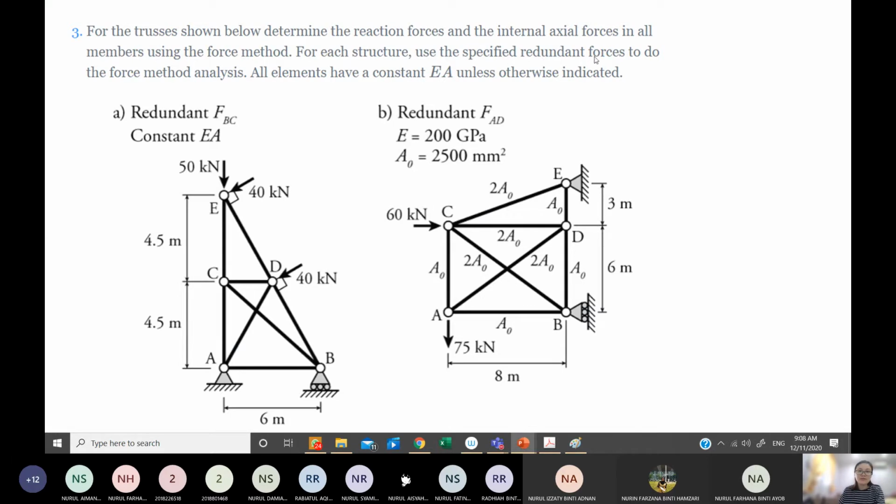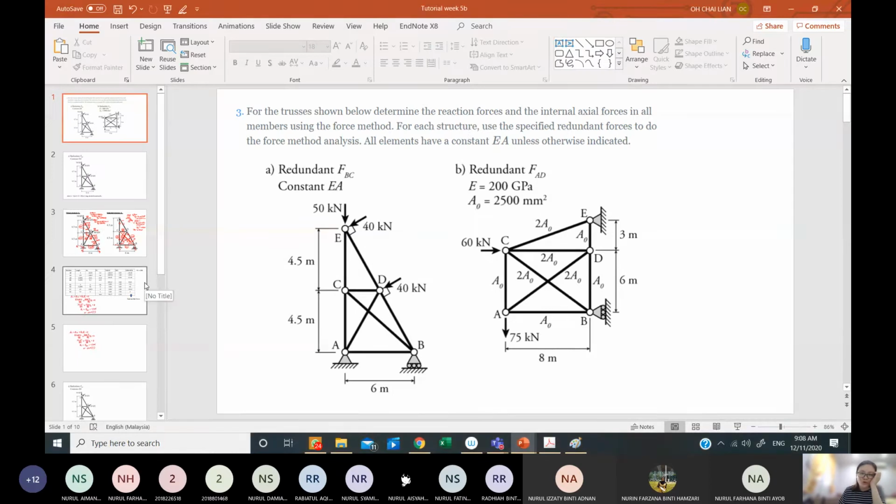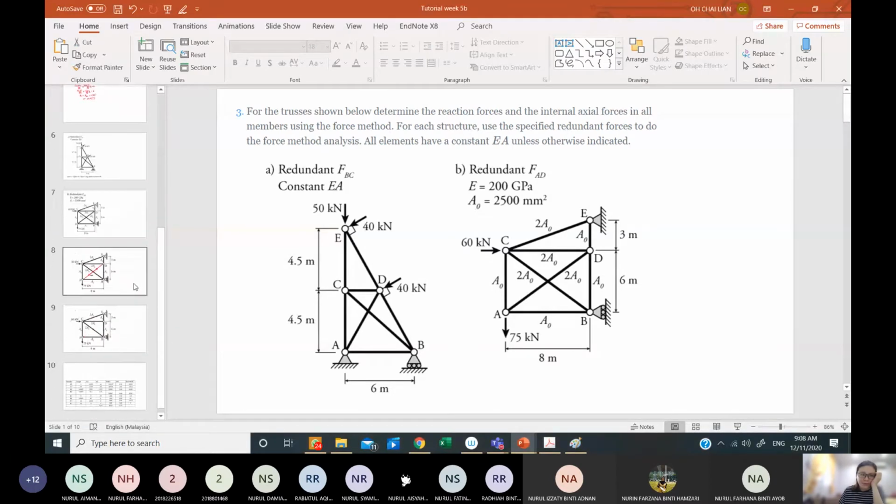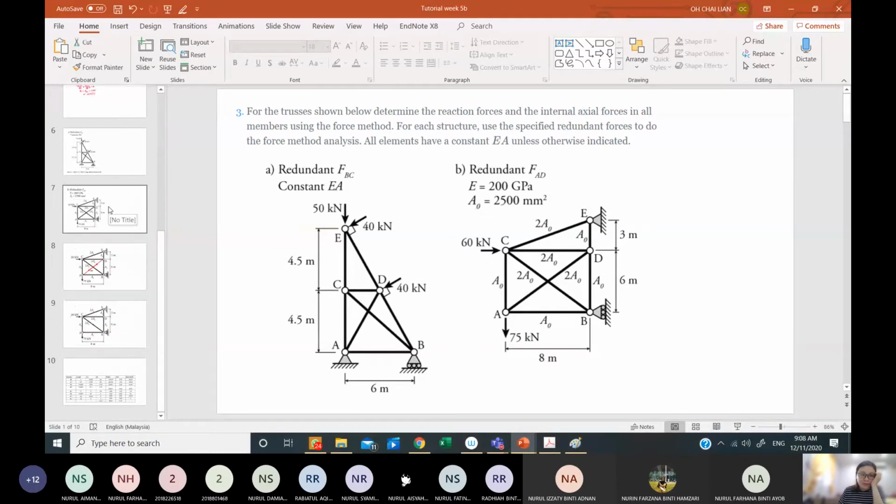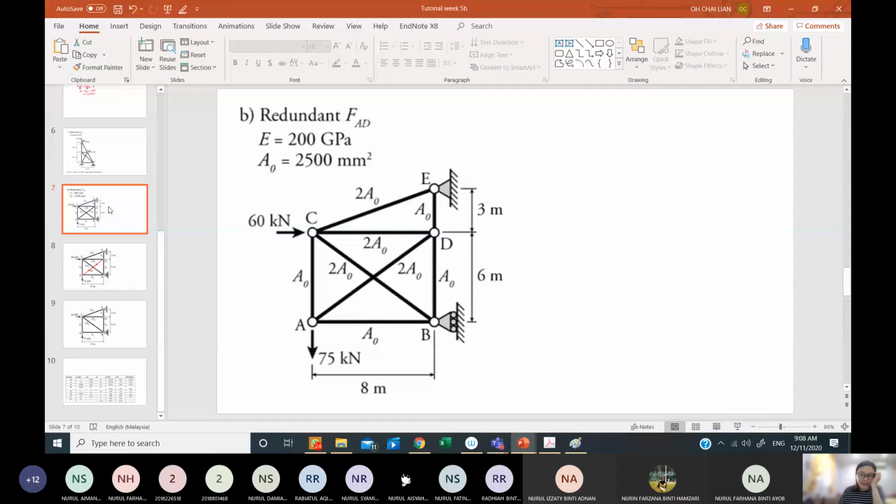Use the specified redundant force. The redundant force has been given to you, FAD in this case. Now can you try to draw this problem quickly, and then draw the primary structure and the redundant structure.